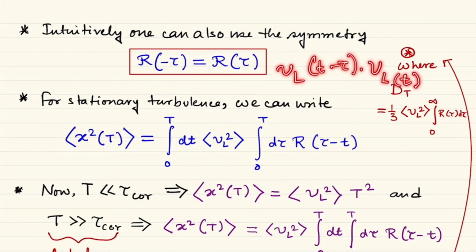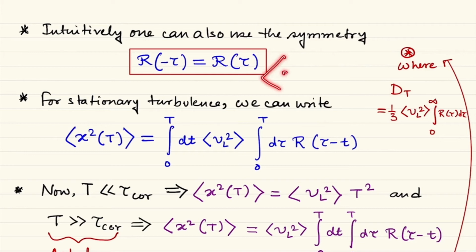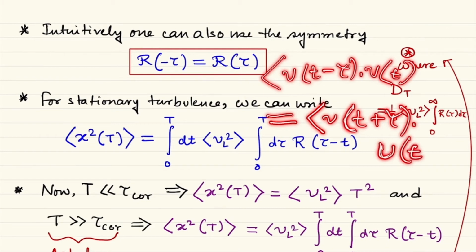will be some function of minus tau, and there is no reason to say that these will be different, because this is totally statistically averaged.